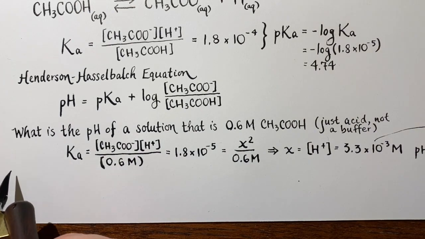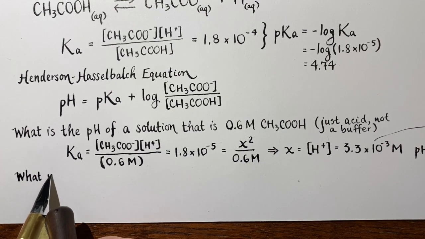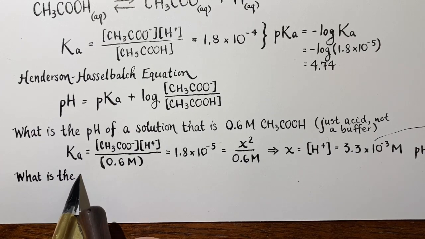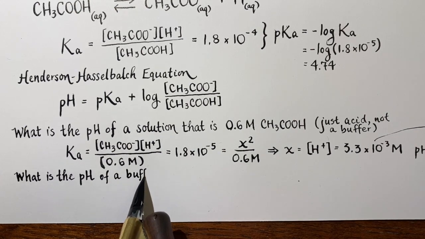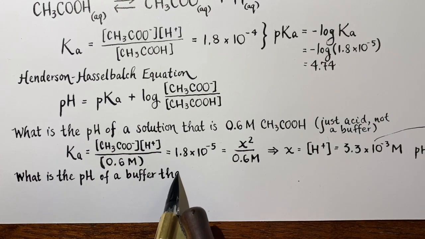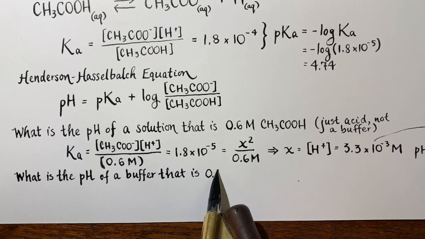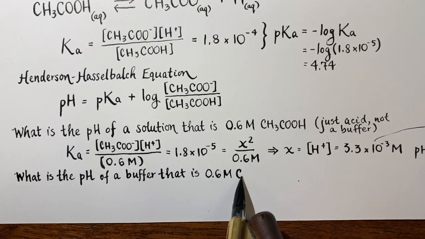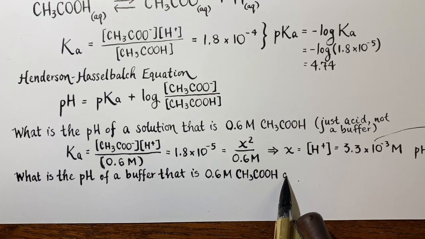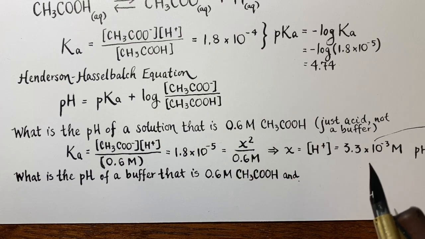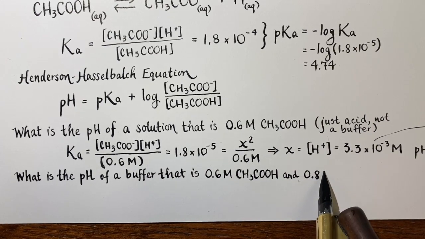And we're going to ask, what is the pH of a buffer that is, so now we're going to keep this the same, 0.6 molar acetic acid, and mixed together in there is 0.8 molar acetate.